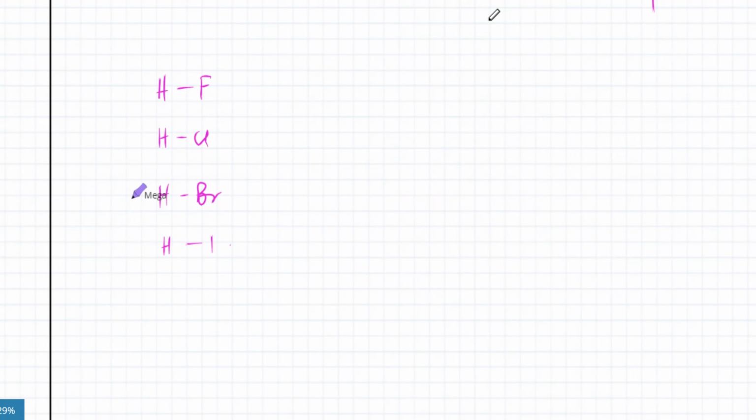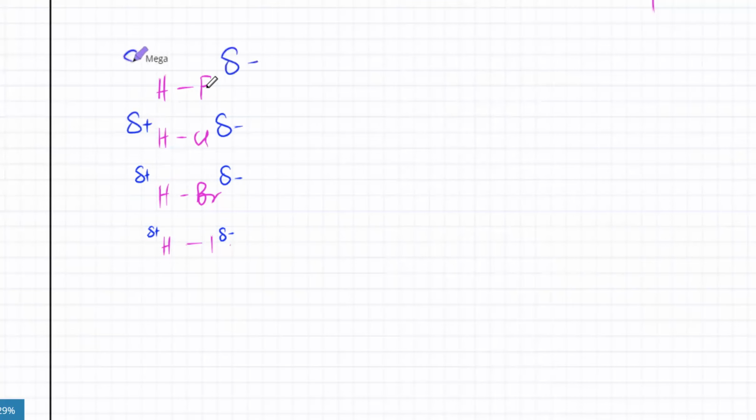We're not talking about lone pairs. So the last one is the least. ठीक है, HBr is going to be more polar. HCl is going to be an even more polar molecule because the difference in electronegativity is increasing, and this one would be the most polar. ठीक है, so the trend would be that the difference in electronegativity is increasing.